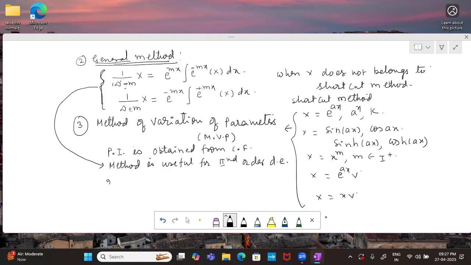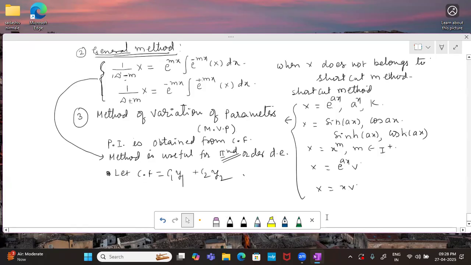Let CF be given. Can you tell me the CF of this second order equation? In second order, the CF contains C1 and C2. Suppose the multiple of C1 is Y1 and the multiple of C2 is Y2. This is a part of the procedure.